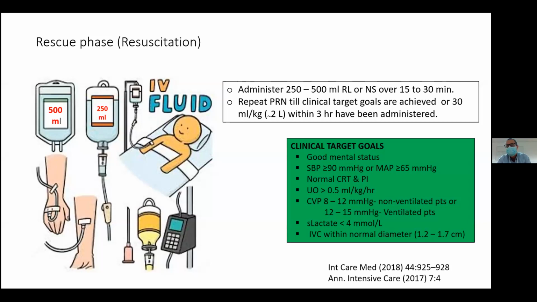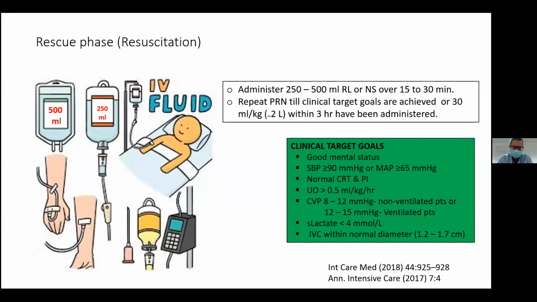Then the clinical targets that you have to monitor to ensure that you have reached your target are, of course, similar to what we have assessed before: good mental status, systolic BP more than or equal to 90 millimeters of mercury, or a MAP more than or equal to 65.